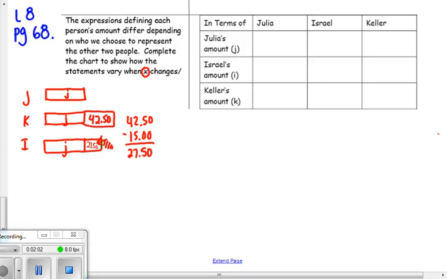So filling in our chart, in terms of Julia: Julia earned J amount. Israel, down here, earned J plus $27.50. And Keller earned J plus $42.50.